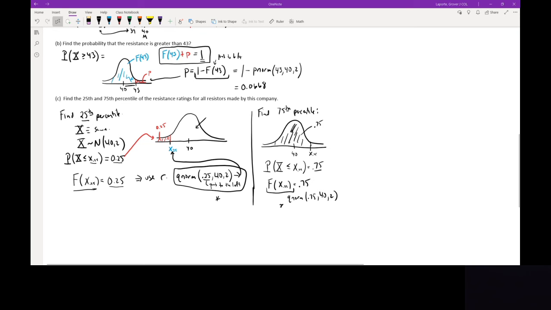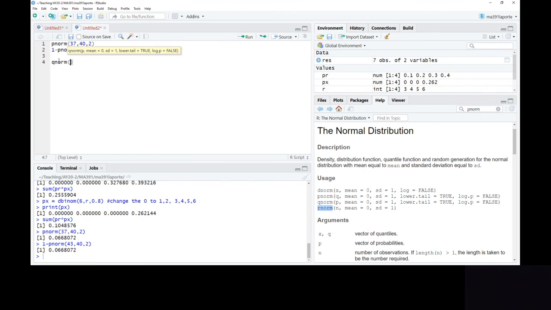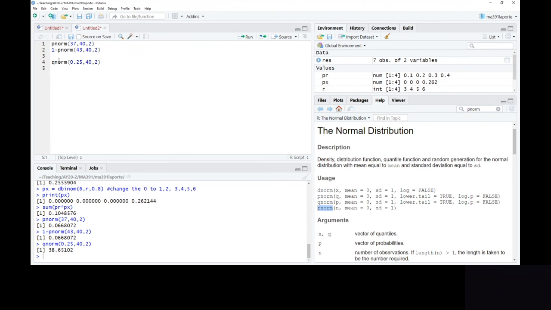Okay, so move back over to R. Again, this is qnorm(0.25, 40, 2), and it's 38.65. So 38.65 is here, so give me 40 minus that is, 40 plus that.